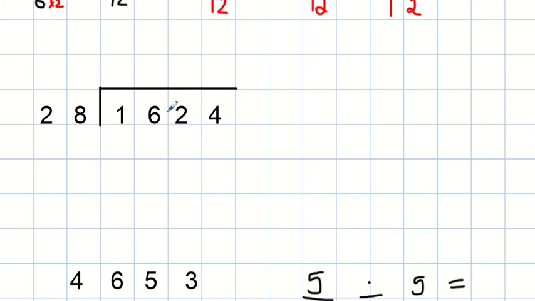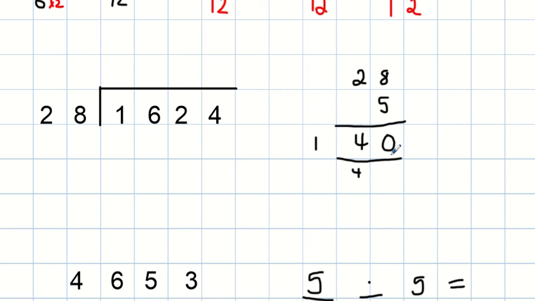Well, I'm going to think about what I know. Let's start with 28 multiplied by 5. I think that's a good starting point, because I know 28 multiplied by 10 would be 280, so that's too far. Now, 8 times 5 is, well done everybody, 40, and 2 times 5 is 10, add your 4 you've carried, 14.